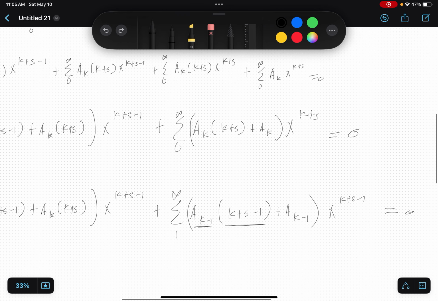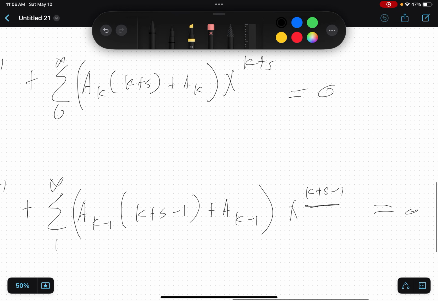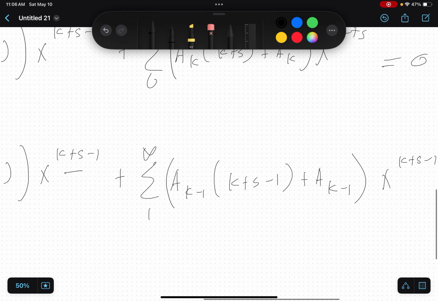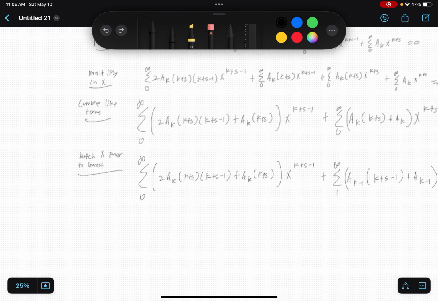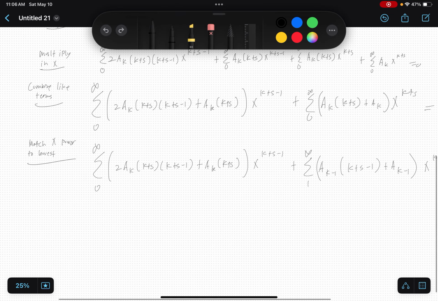So it's the same thing. It's just rewriting the sum so that you can rewrite the index so that these indexes match. Okay. Match x to the lowest power. We did that.